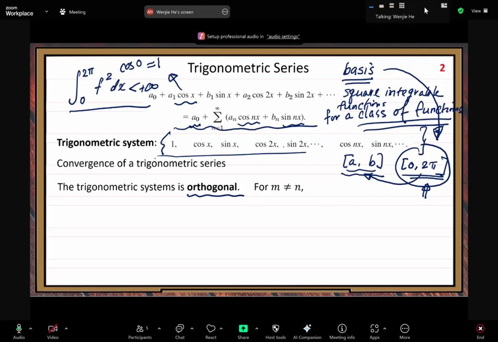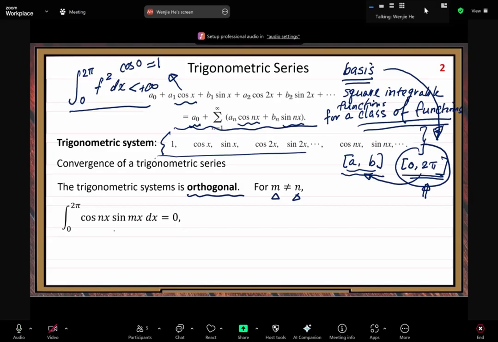Select two arbitrary functions in the system, one with m multiple, another with n multiple, where these two numbers are different. The integral of the product of these two functions is 0.